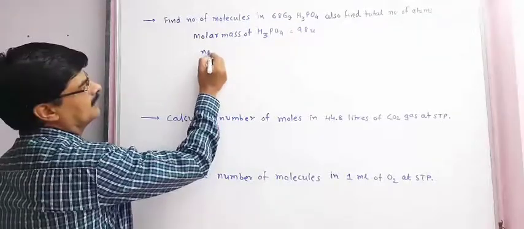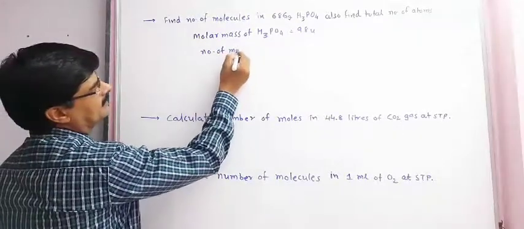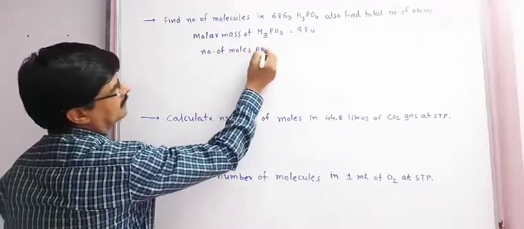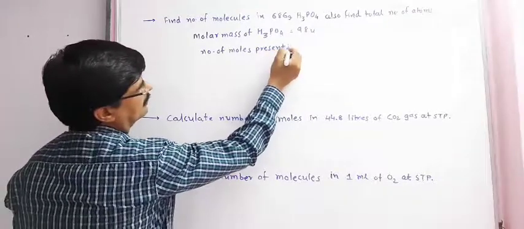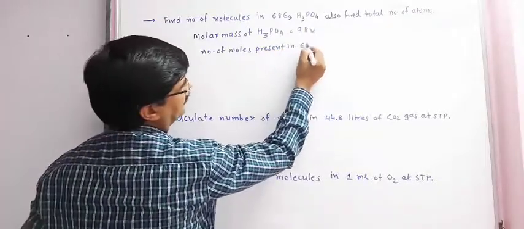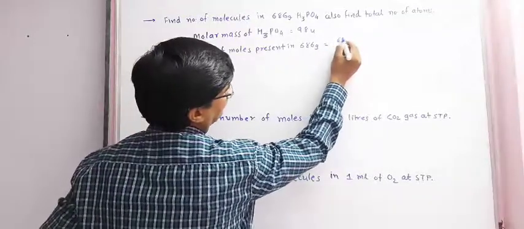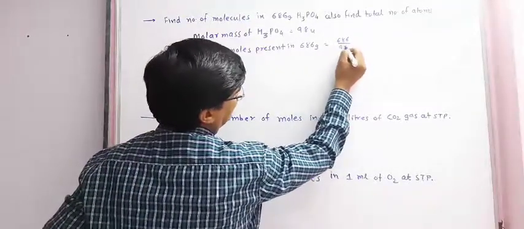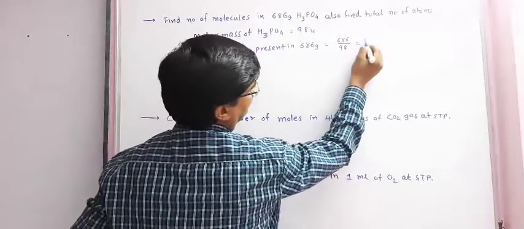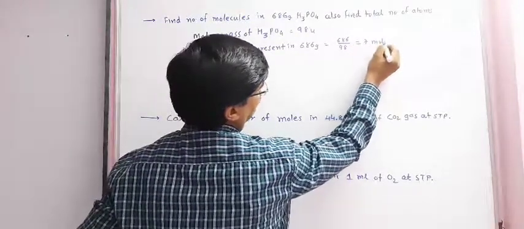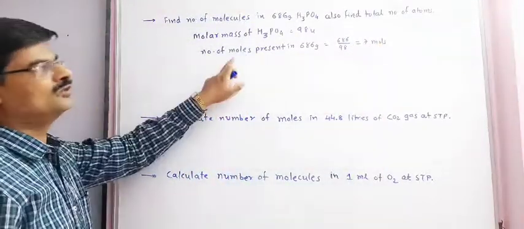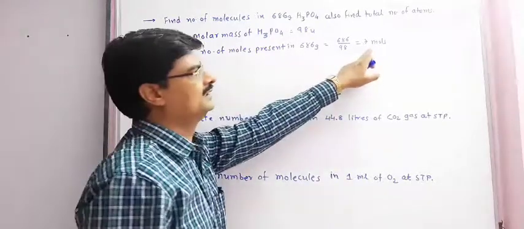Therefore, the number of moles present in 686 gram is equal to 686 divided by 98, which is 7 moles. So first of all, moles present is equal to 7.